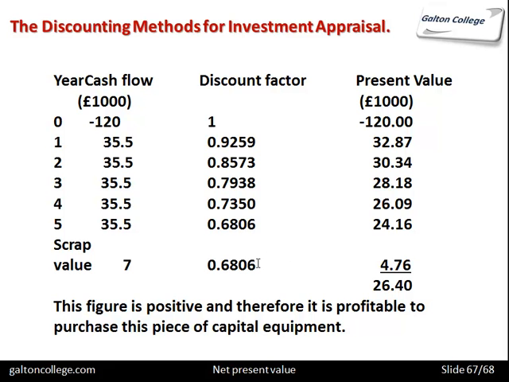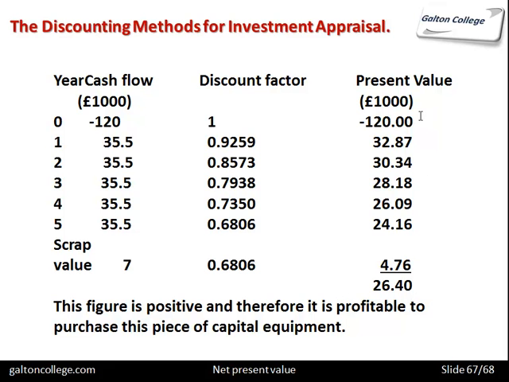And then we're getting a scrap value of 7 at the end of this period, which multiplied by the discount factor in 5 years' time, 0.6806, multiply 7 by that and we get 4.76. Now add it all up, and you see that the figure here is positive.